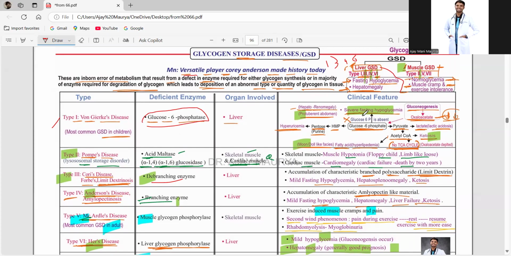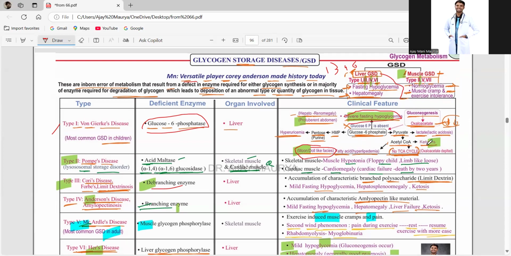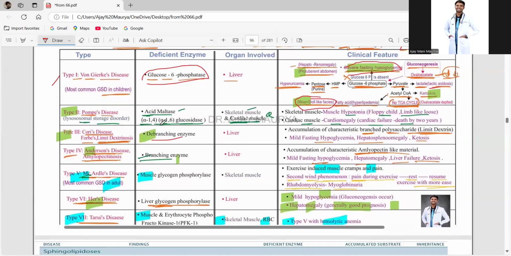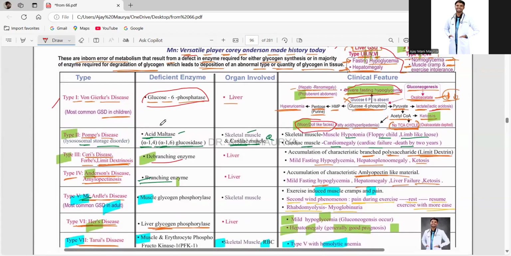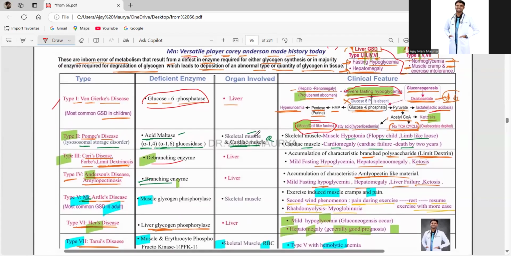There is going to be severe fasting hypoglycemia, and the baby has moon or doll-like faces, and lactic acidosis from the womb. Next one is Pompe's disease, involving the skeletal and cardiac muscle.